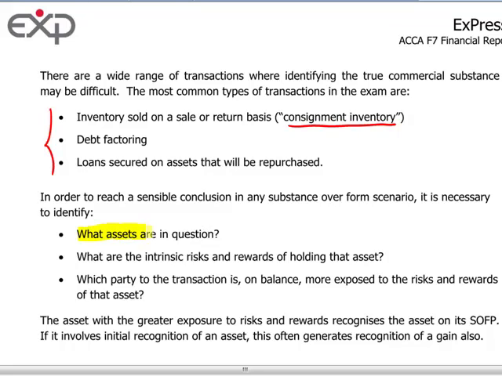Basically, what assets is the scenario covering? It can cover inventory, trade receivables, or work in progress. Read the scenario and decide what type of asset we are dealing with. The second thing you should ask yourself is what are the risks and rewards of holding the assets.